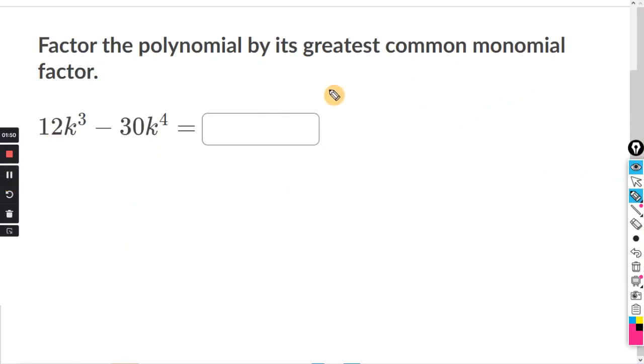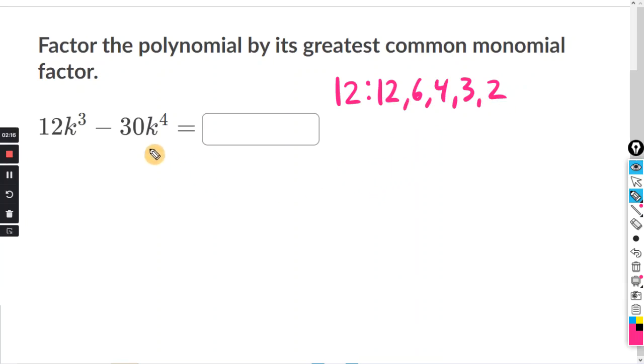All right, so for the factors of 12, you want to write the numbers that 12 would divide evenly by. So 12 divided by 12 with no remainder, divided by 6, 4, 3, and 2. If you take 12 and divide by any of these numbers, you will get a remainder of 0.